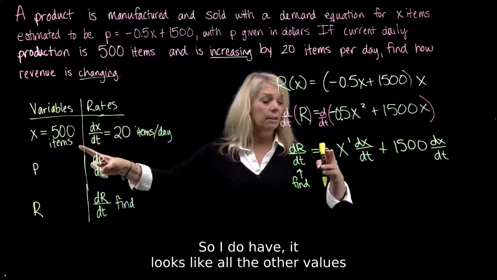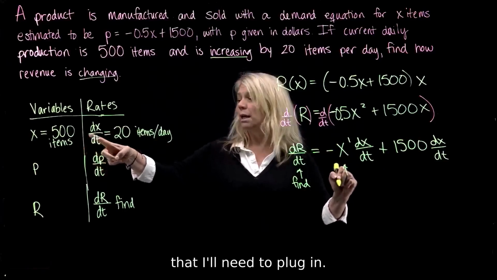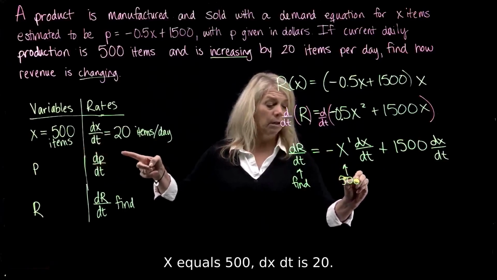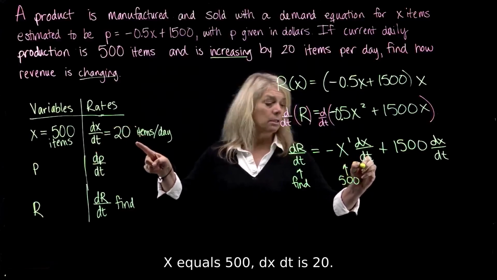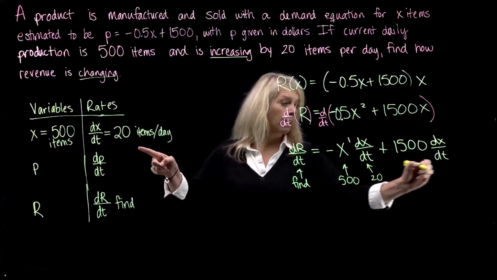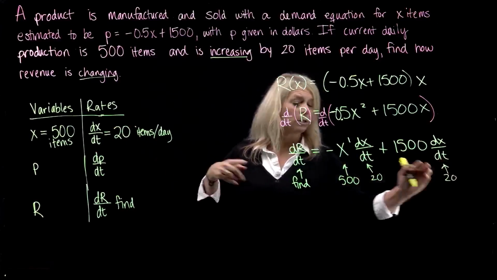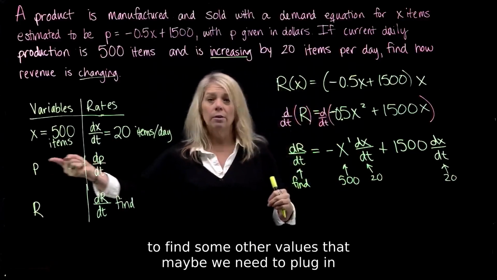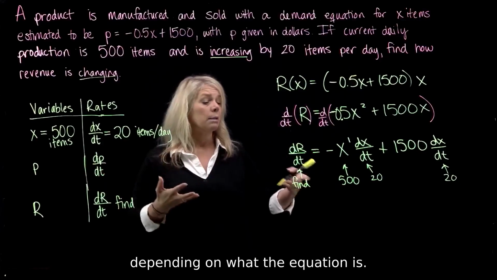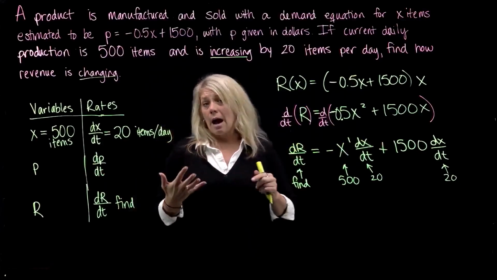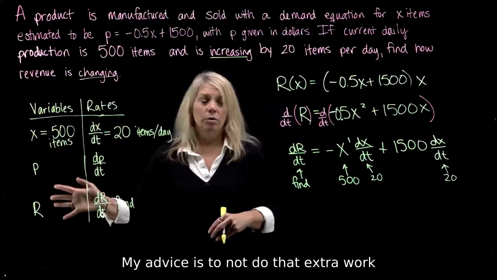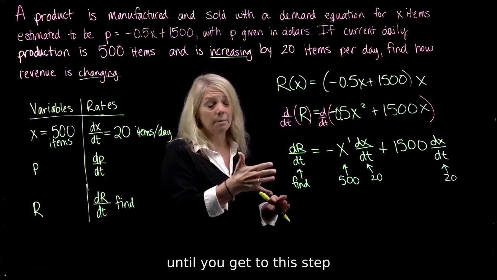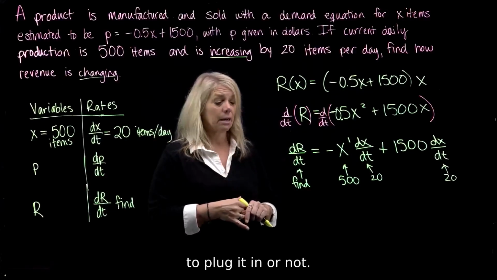So I do have, it looks like, all the other values that I'll need to plug in. x equals 500, dx/dt is 20. So sometimes at this step we have to do a little bit of additional work to find some other values that maybe we need to plug in, depending on what the equation is. My advice is to not do that extra work until you get to this step, so you know whether you're even going to need to plug it in or not.